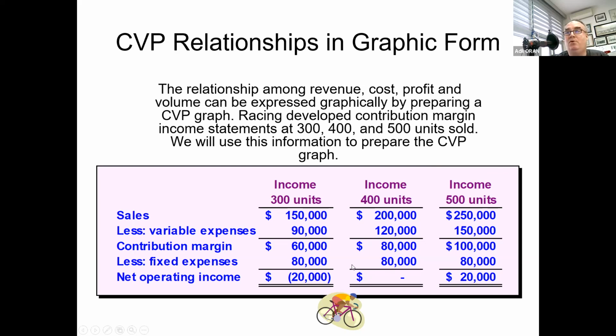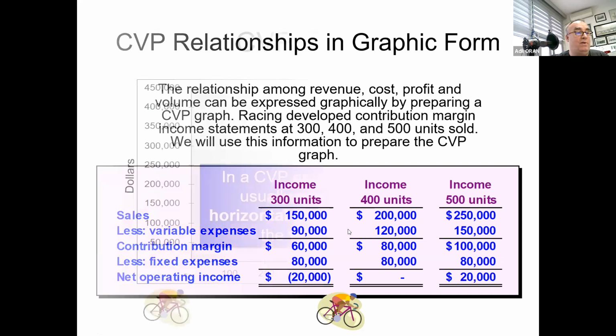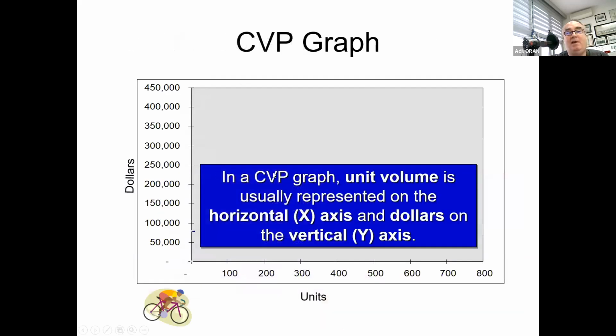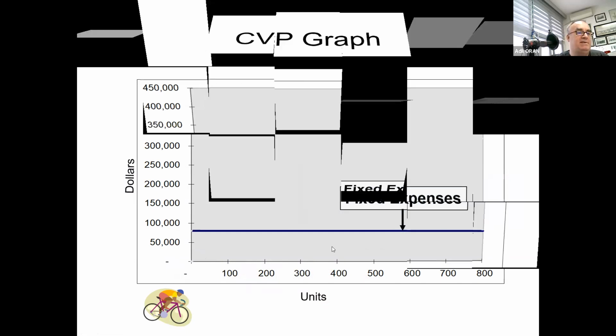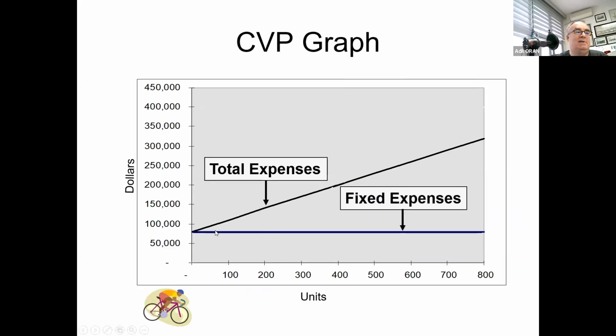If you want to do this graphically, sure, you can do that as well. In a CVP, cost volume profit graph, we have the units of production and sales down here, and here we have the revenue and or the cost on the vertical axis. Here we have the $80,000 fixed expense. Next, we have our total expenses, where the slope is $300 per additional unit.